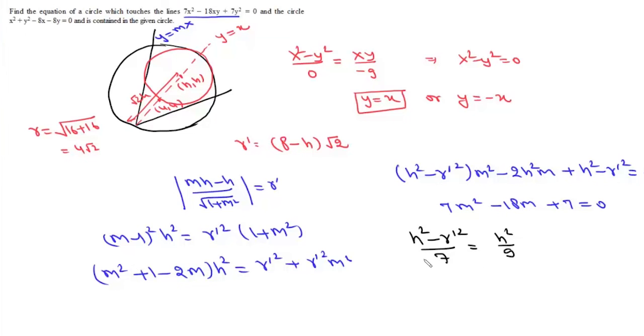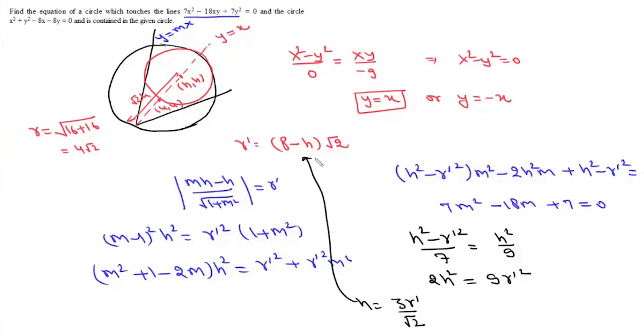Now from here we can write 9h square minus 7h square, so there will be 2h square, and it will be equal to 9r dash square. So basically this h is 3r dash by root 2.